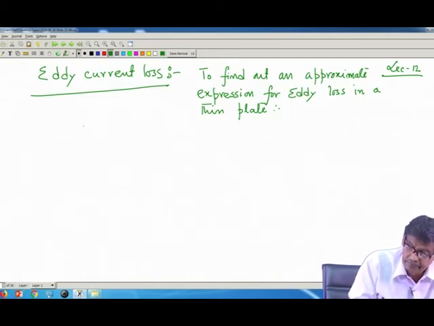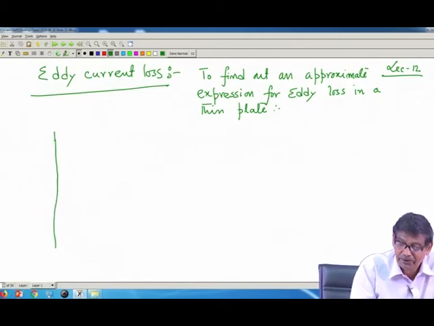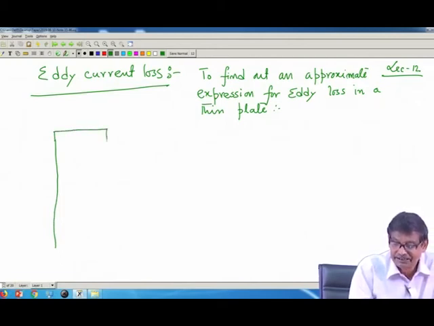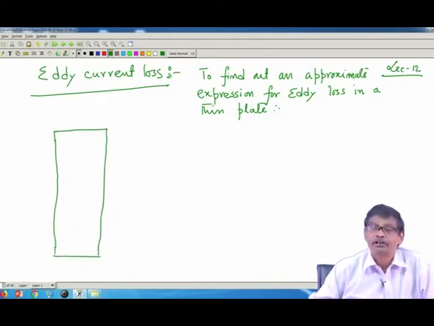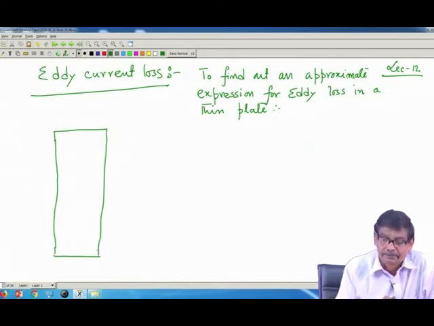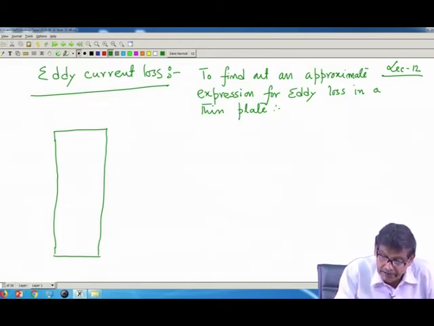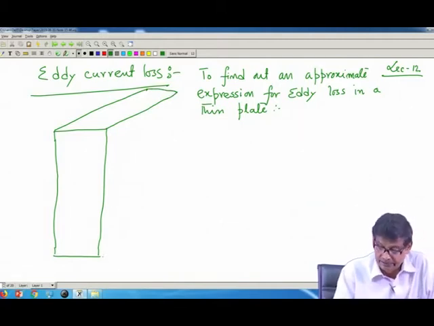So, consider a thin plate. Let me draw it here. And this thin plate I will draw slightly larger, although its thickness is quite small. Thickness is of the order of 0.25 millimeter, 0.3 millimeter, but I am drawing it on a larger scale so that we can understand what is going on. Suppose this is a single plate and it has got a length that side also.